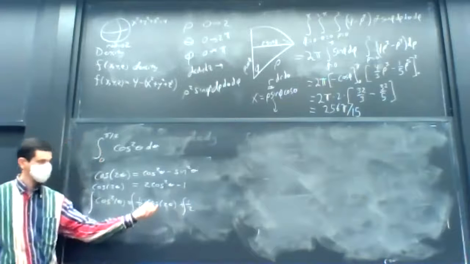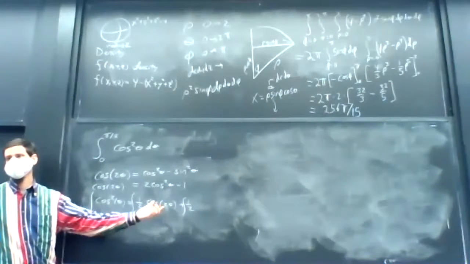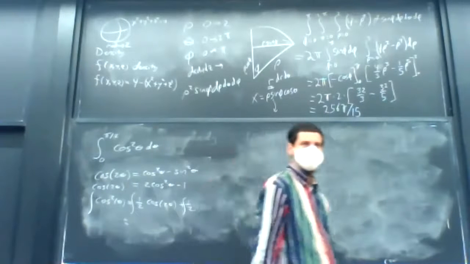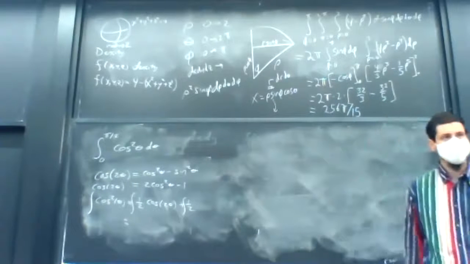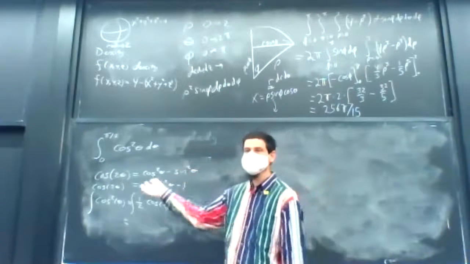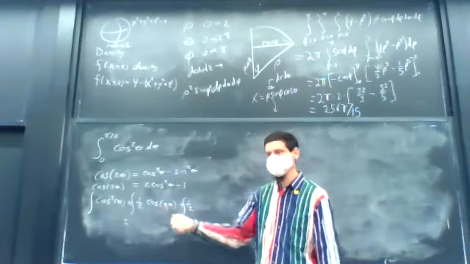What function has derivative cosine 2 theta? 1/2 of sine of 2 theta. The derivative of sine of 2 theta would be cosine 2 theta times the derivative of 2 theta, which would be an extra 2.